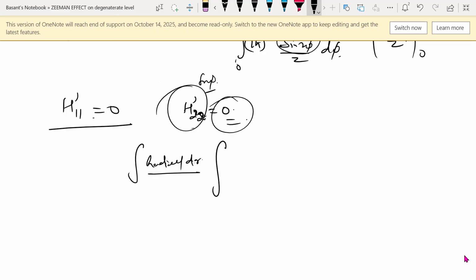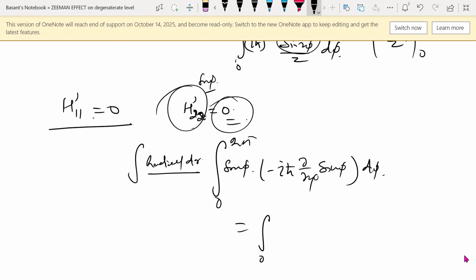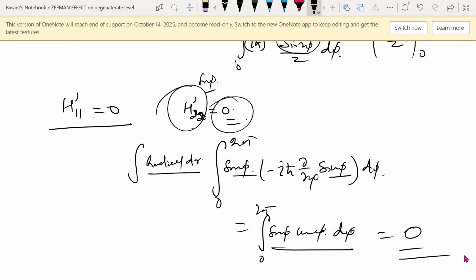So the integration of this angular part becomes sin phi into minus i h bar, in similar fashion del by del phi, and another sin phi d phi, from 0 to 2 pi. This also becomes cos phi d phi, and by the same process this becomes 0 also. So we see that H dash 22 and H dash 11 are 0.